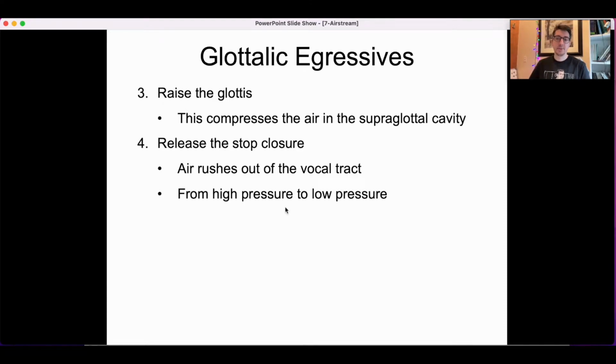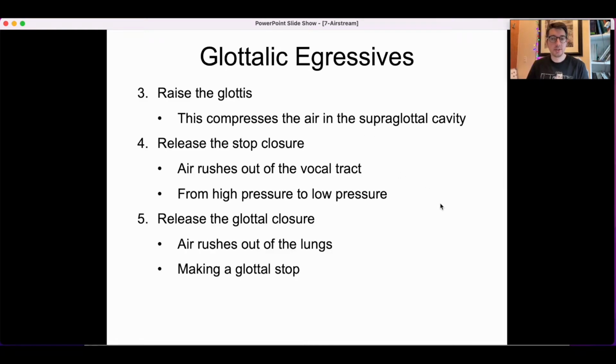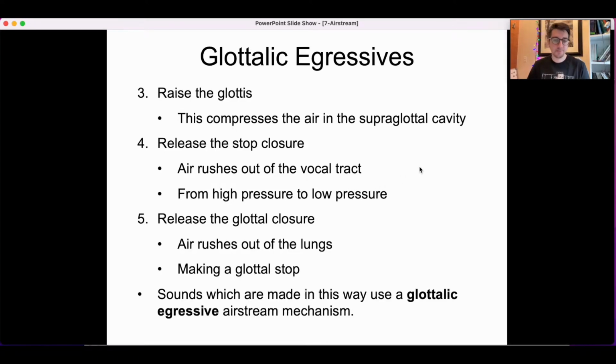Then you release the stop closure. Air rushes out of the vocal tract from high pressure to low pressure. Because you have raised the glottis, the air pressure becomes higher and it wants to get out of your mouth, and you just let the physics do its work. So you release the glottal closure as well, and air rushes out, making a glottal stop, right?